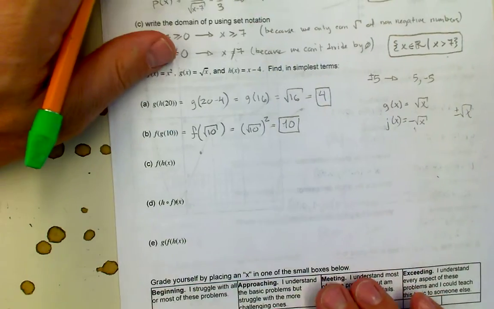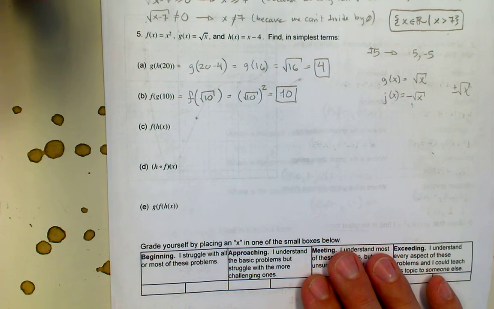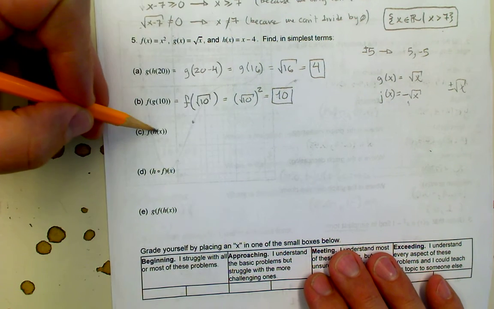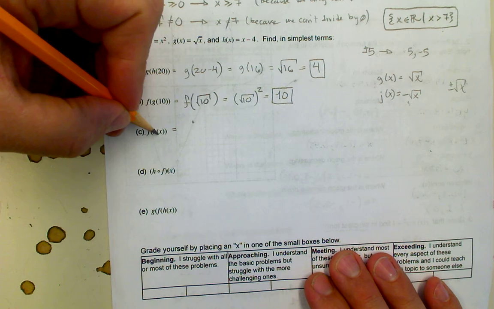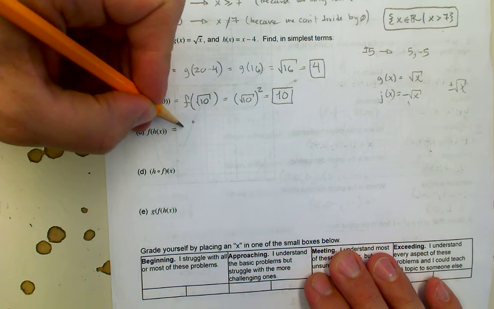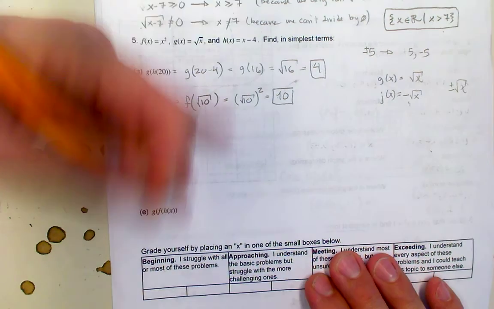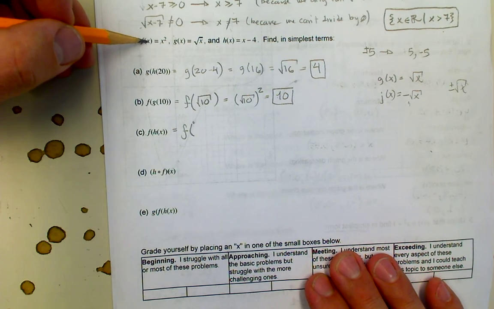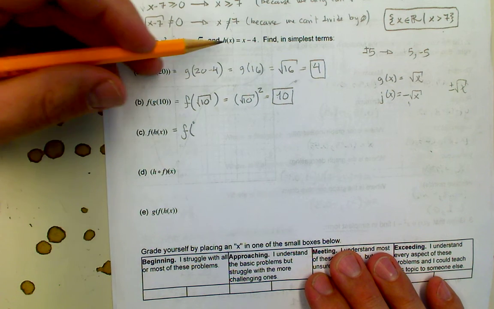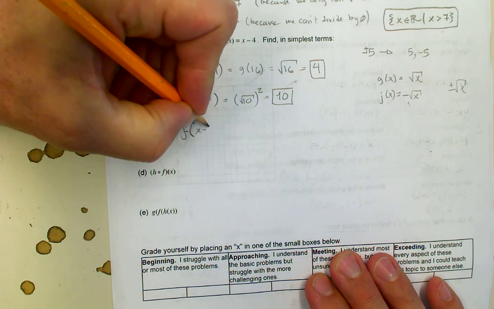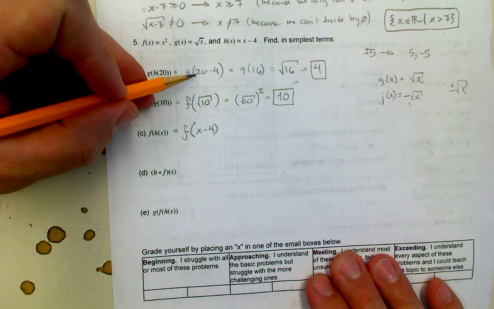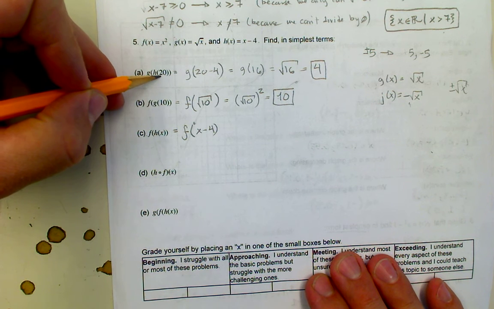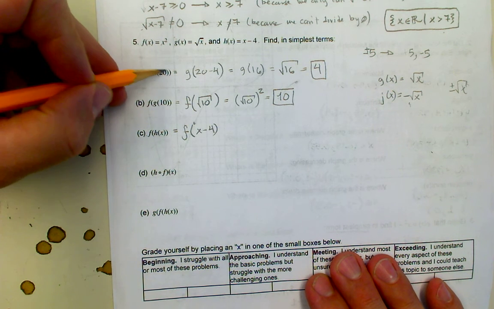But here we go. Letter C, f of h of x. So what I really want is the input to my function f, which is the squaring function, and the input is just plain old h of x. So I'm going to put the x minus 4 in here. I was able to put 20 up here because I knew what value of x I was evaluating this composite function at.